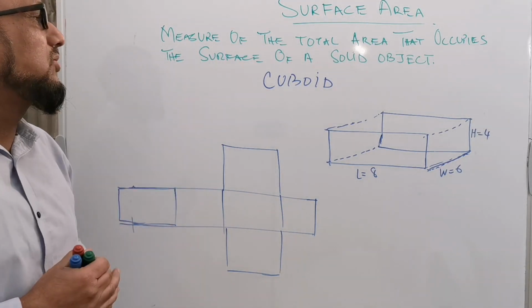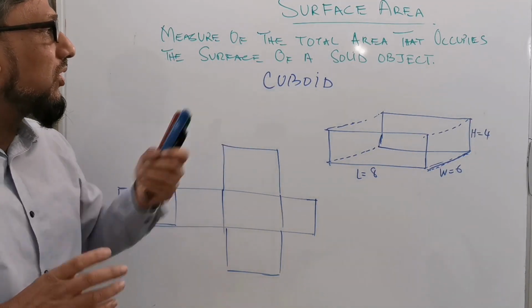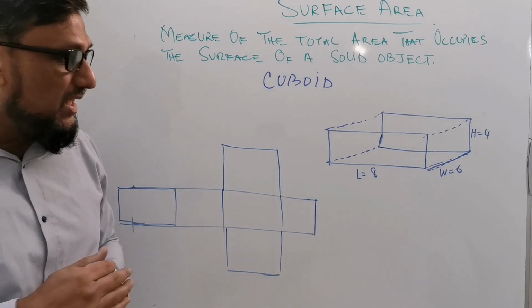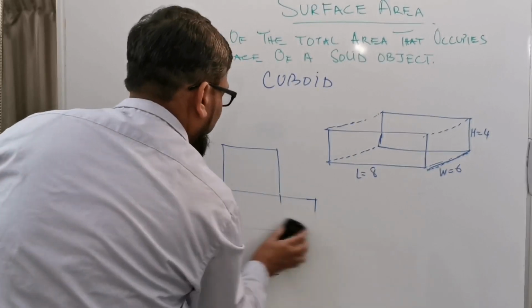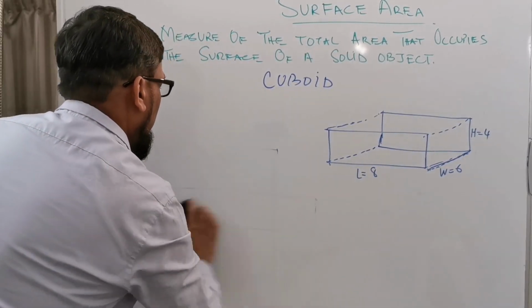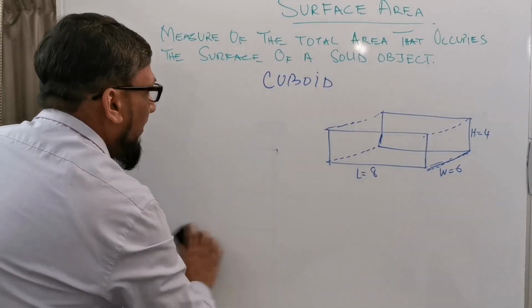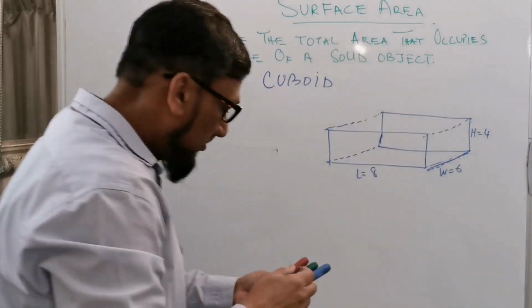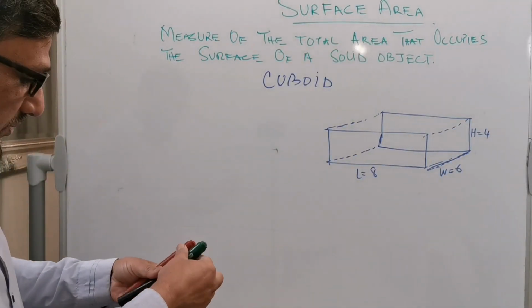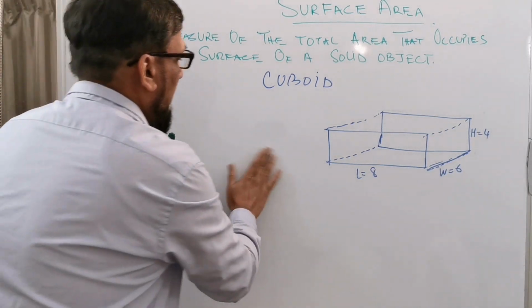How to work out the area for a cuboid? The same, there are 6 faces: front, back, top, bottom, left and right.